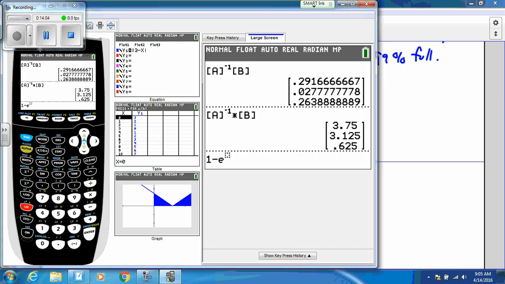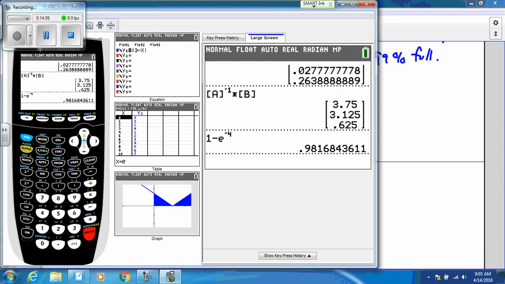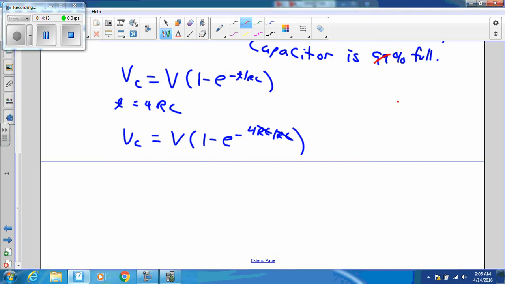Then 1 minus e to the, which is directly over the ln button, negative 4, is going to be 0.982. So it's actually 98%. We'll limit this to 98%. So that's the rough and ready rule that electrical engineers use for themselves, that after 4 time constants, our capacitor is 98% full. I said 99, that's actually a mistake.